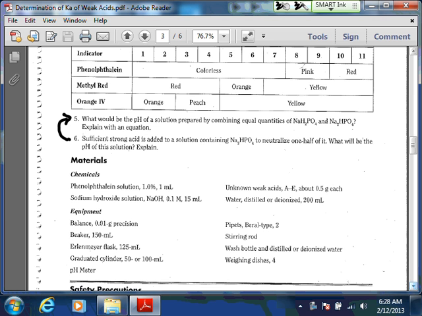They have a reason for asking this because this is kind of our strategy on this lab. But Na2HPO4, if you neutralize one half of it, that means that you have changed one half of it into its conjugate base. All right. So again, if we've got HPO4 2 minus here, and well, let's see here.